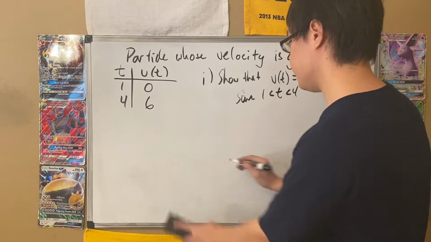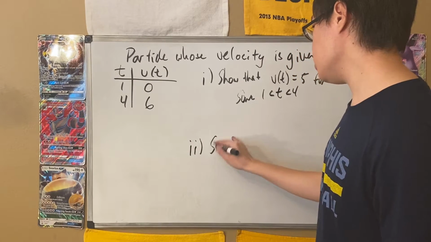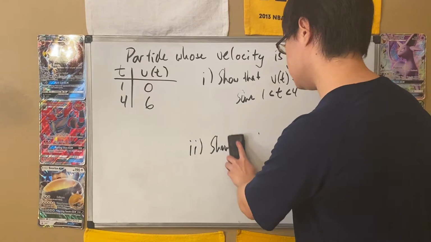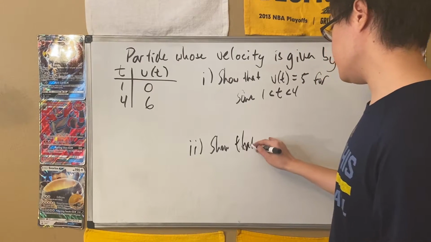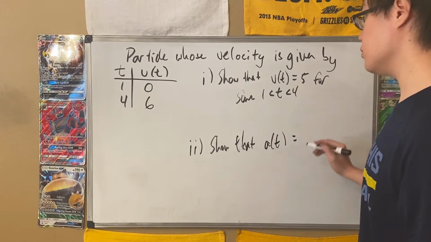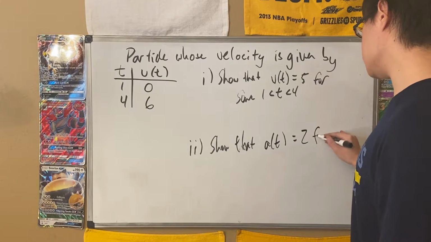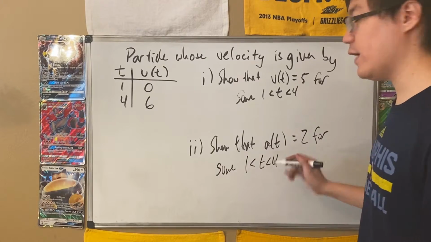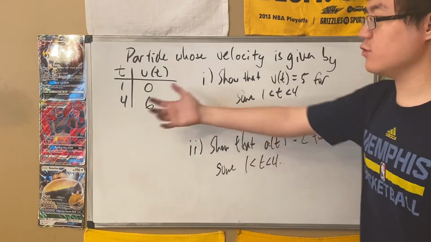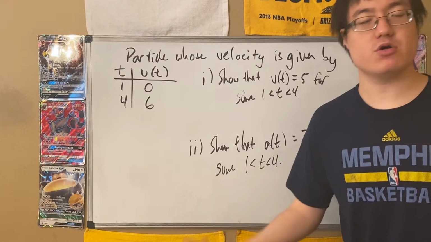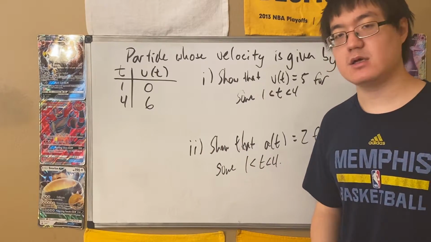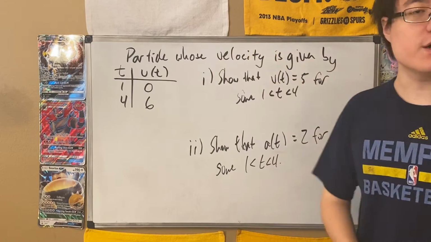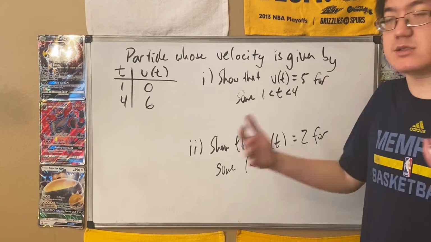And then my next question is going to be show that a of t, meaning the acceleration, equals 2 for some t between 1 and 4. And you don't have to find the t's actually. So you have this table, you have this business of show that, or why must there exist, or must this happen? And this is an MVT or IVT question. So it looks like we're going to have one IVT question, one MVT question. That's perfectly fine.